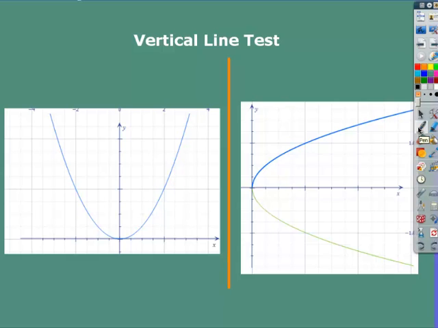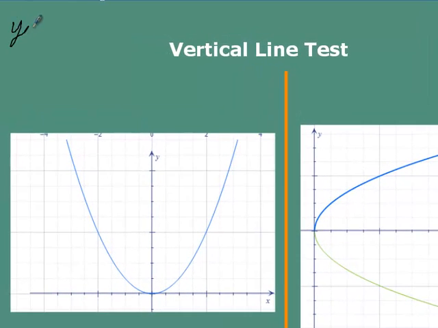So if I asked you, is this graph a graph of a function, you would say yes, the relation is a function. But remember, we need to always justify what we're saying.